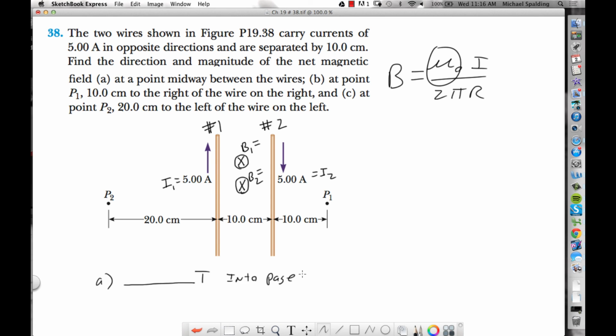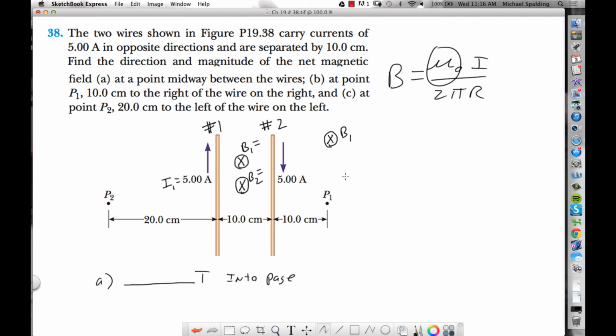Okay, now let's just do part B, and that'll be it. Part B wants us to focus at point 1. So now we're focusing over here, in this region right here. What's the magnetic field from wire number 1 doing? Forget about wire number 2 for a minute. Going in.